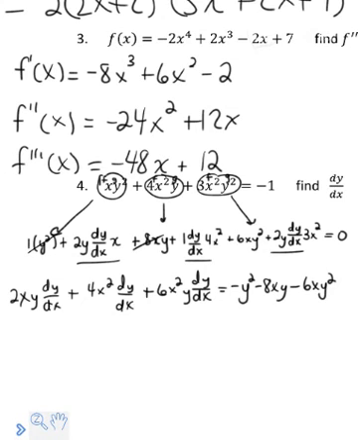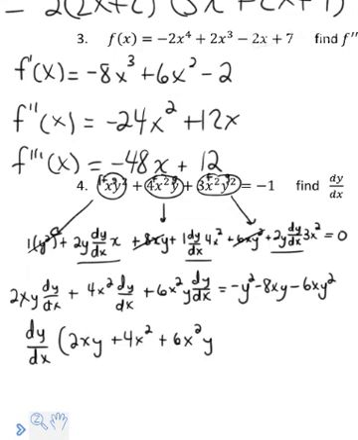y squared from there. Now every term on the left side has a dy dx, so that can be factored out, leaving 2xy plus 4x squared plus 6x squared y equals negative y squared minus 8xy minus 6xy squared.